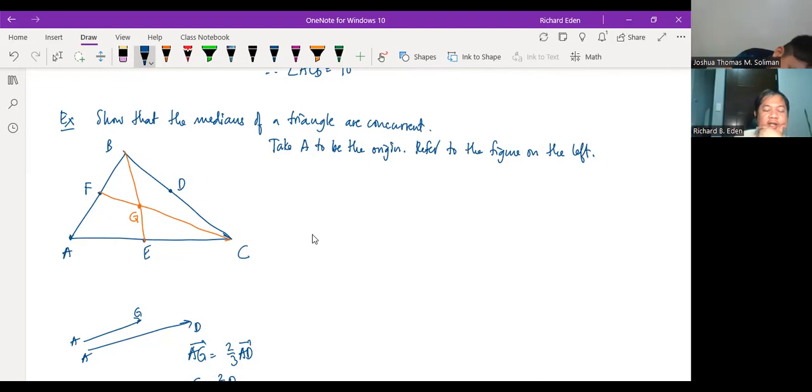Well, first, let's characterize the segments. E and F are midpoints.